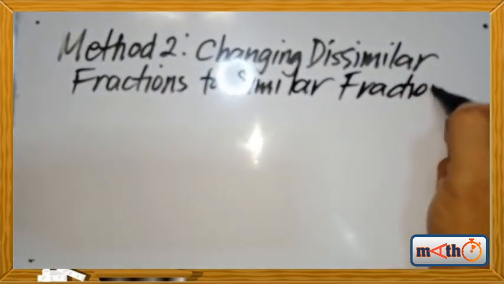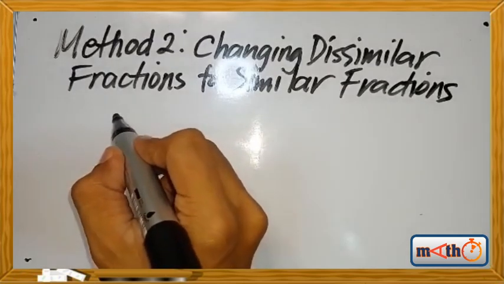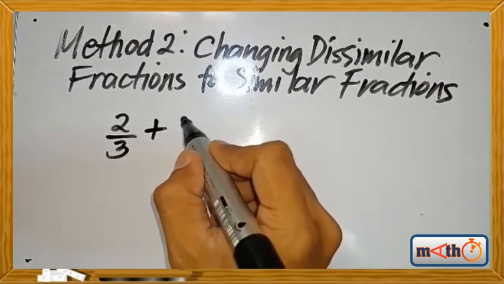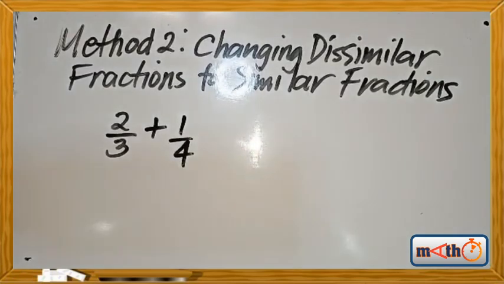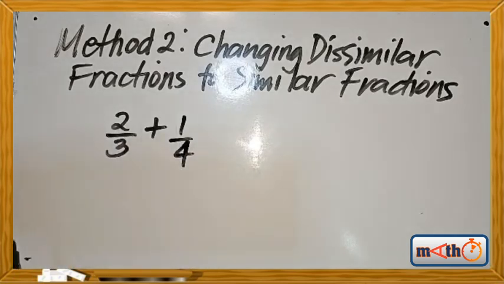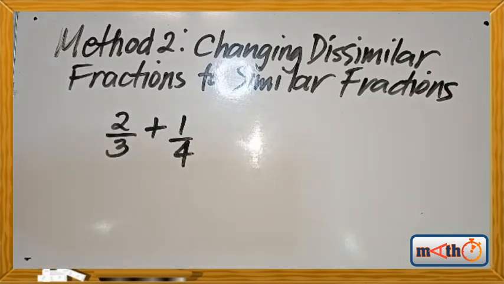Okay, so let us use our previous example, which is 2/3 plus 1/4. Okay, so again, we cannot directly add their numerators because we have different denominators. But we can solve this one by using this method number 2.